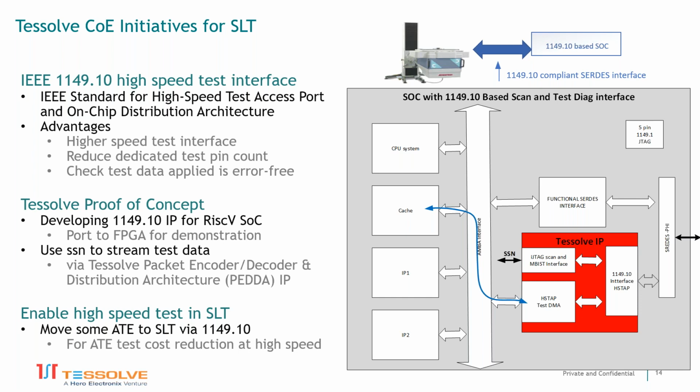So moving some of the ATE tests into the SLT becomes interesting. The only problem is that you've got to get the vectors on and off as fast as possible. Normally you would do that via JTAG, but a new standard has come out called 1149.10 that allows us to speed it up.